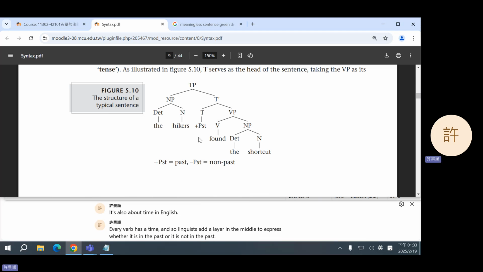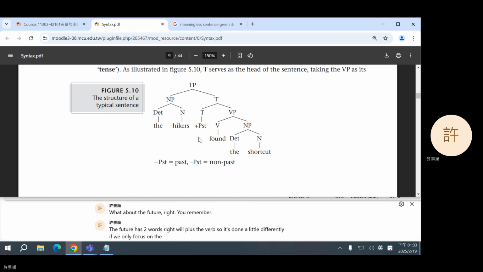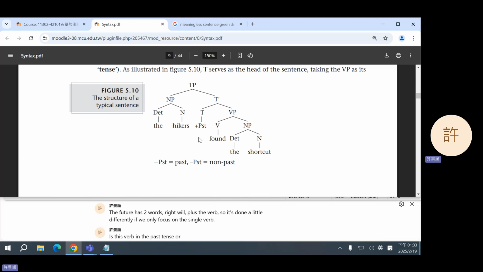Well, what about the future, right? Well, you'll remember the future has two words, right? Will plus the verb. So it's done a little differently. If we only focus on the single verb, is this verb in the past tense or is it not in the past tense?